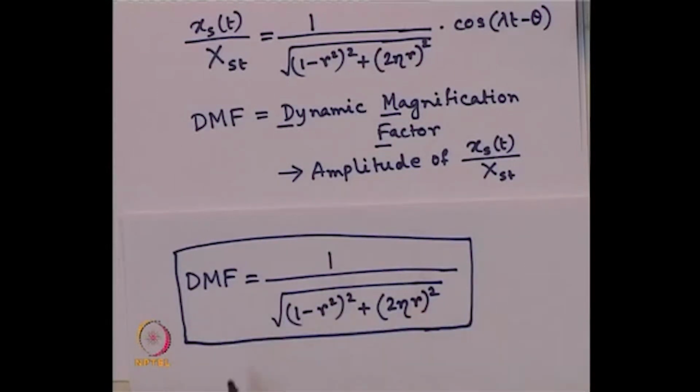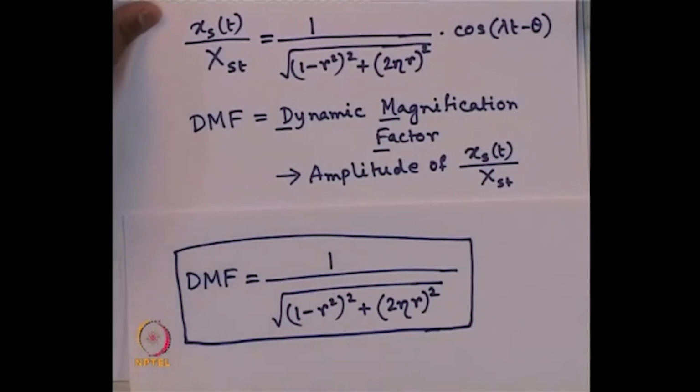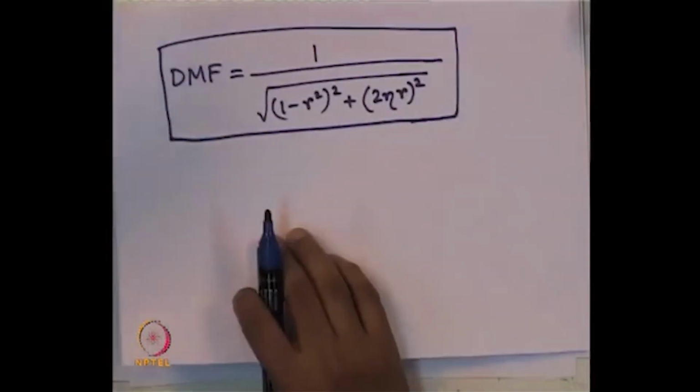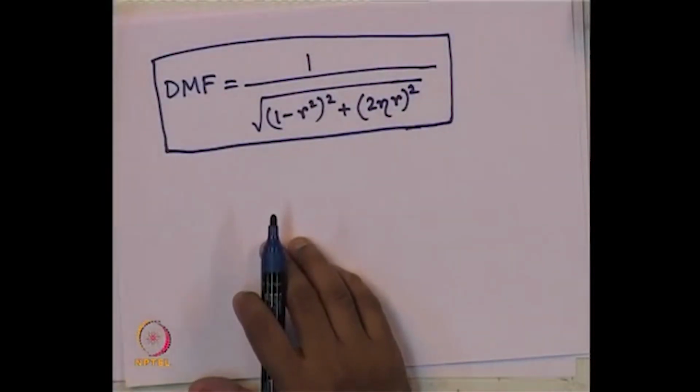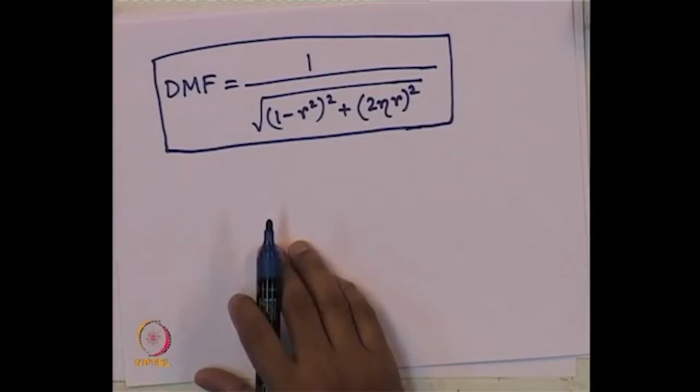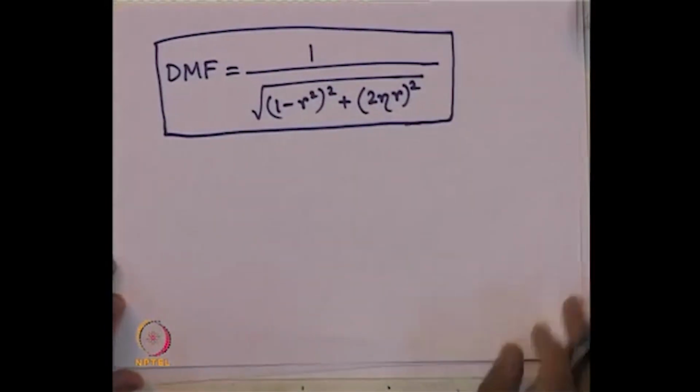So, let us see the variation of this DMF with respect to different parameters like r and eta. Let us plot the variation of DMF with respect to r and see how it looks like.